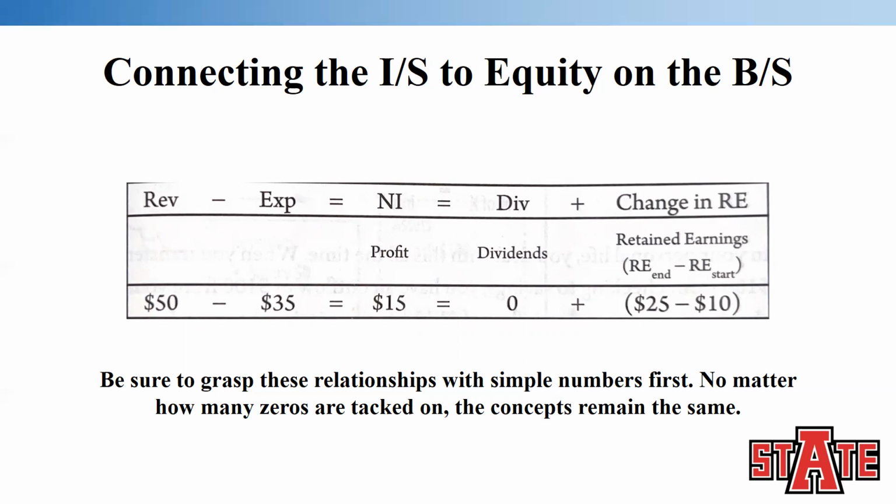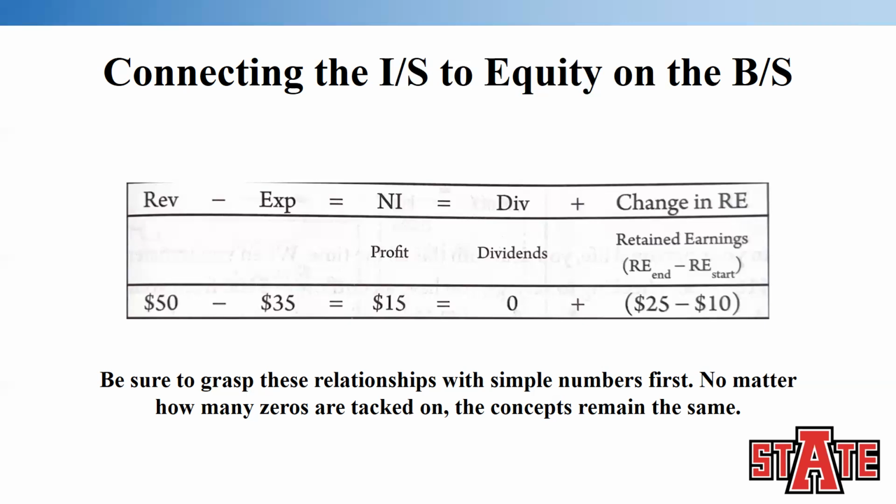That's the same thing as saying that net income goes to one of two places. It either goes to shareholders in the form of dividends or it goes onto the balance sheet. If there are no dividends, then all $15 of net income will equal the change in retained earnings. If our ending retained earnings is $25 and we started at 10, the change in retained earnings is $15. And since there were no dividends, all of that must have been net income.